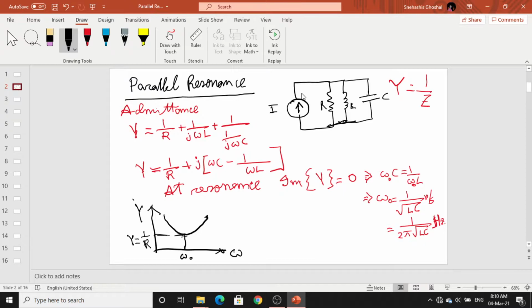Let us take it as common. So if that happens, then I can copy this circuit to the next slide. This will lead to a different scenario. Okay, let me copy the circuit.